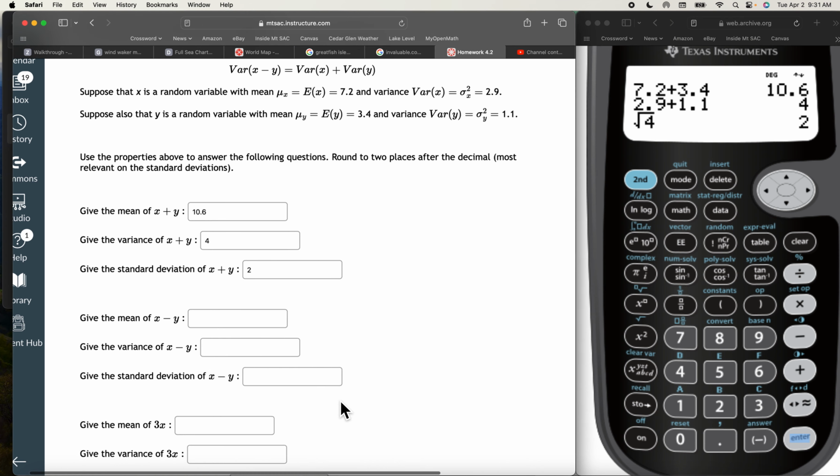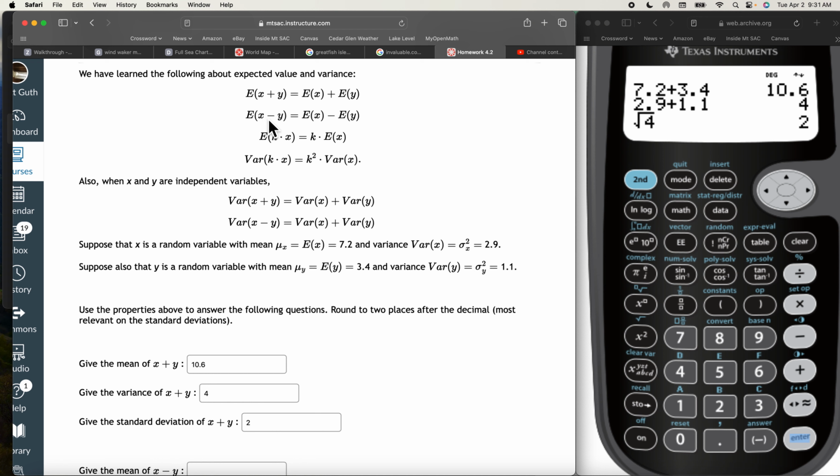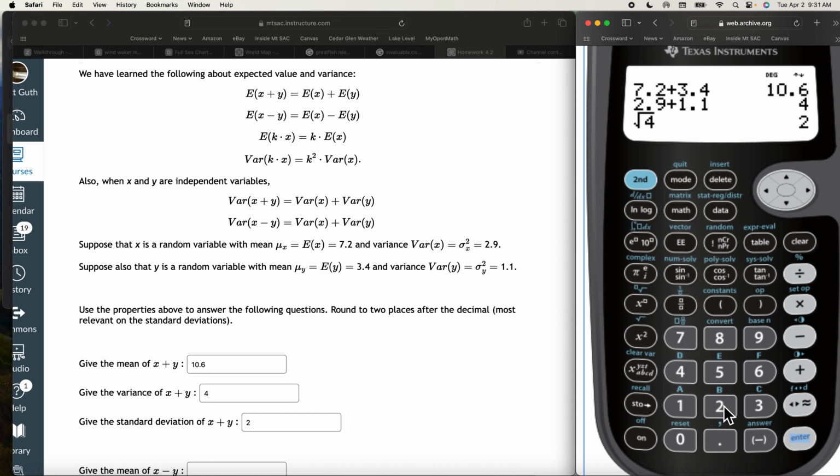Okay. Now the mean for x minus y, this would be the expected value of x minus y, which is the expected value of x minus the expected value of y here. So if you take the expected value of x, that's 7.2. And then minus the expected value of y here, which is 3.4. So that's 3.8.